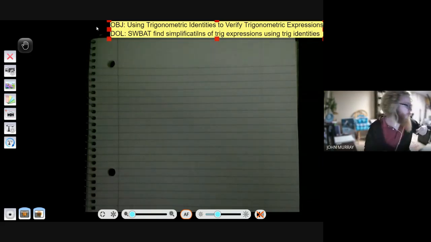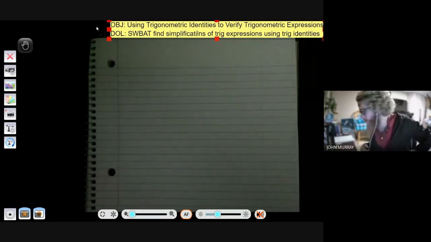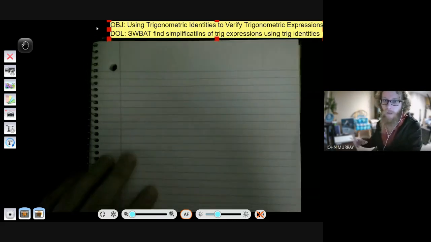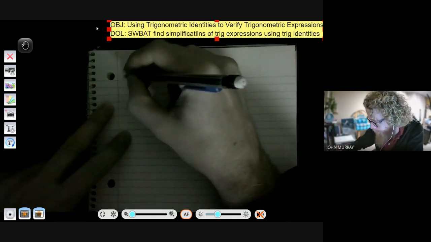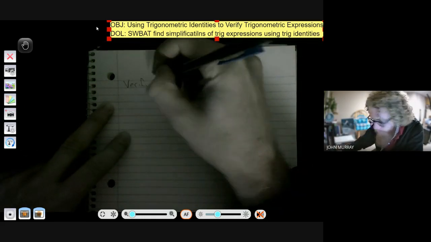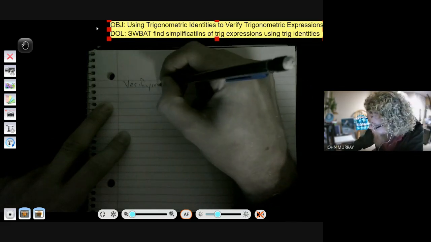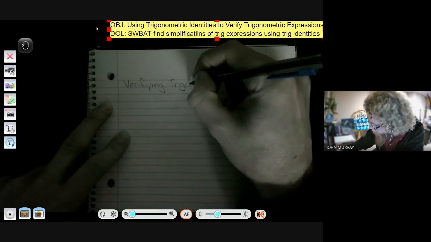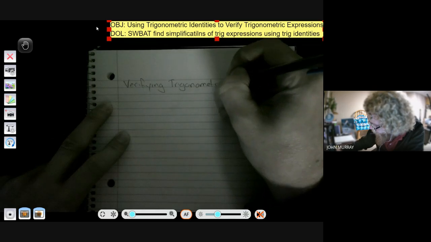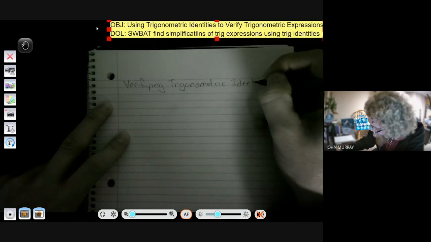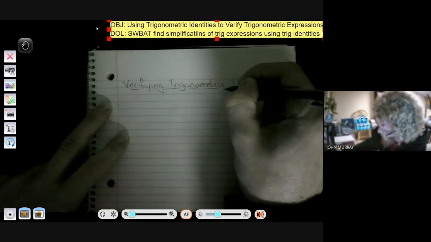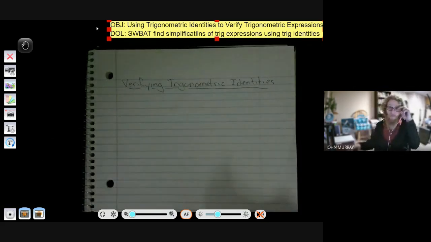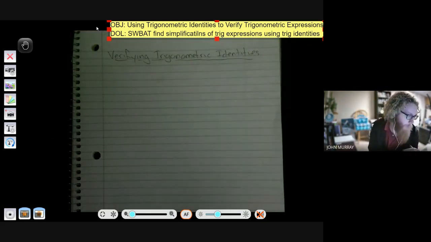All right, so today we're kind of moving along. It's in the same wheelhouse. But now, like I said, it's going to be actually a little easier. Verifying trigonometric identities.